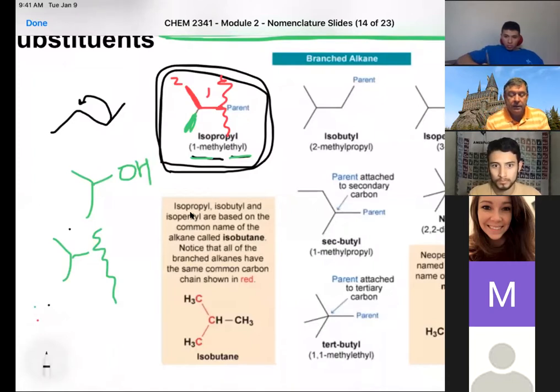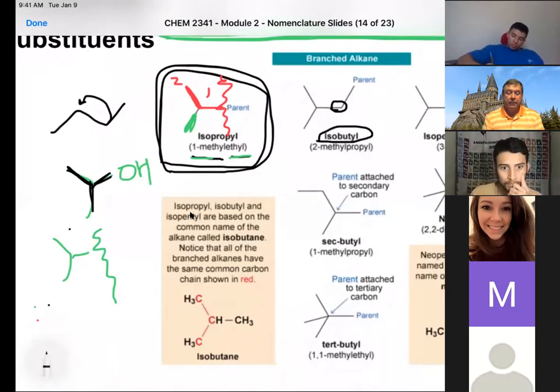Okay, so this kind of looks like this isopropyl group here, which is that little group there, but we add another carbon to it, and so it becomes the isobutyl group. Because we've added another carbon, we can actually move this methyl group around. If this methyl group was on the end of the chain, it would be that straight chain butyl group. By moving it over one carbon, that gives us the isobutyl group.